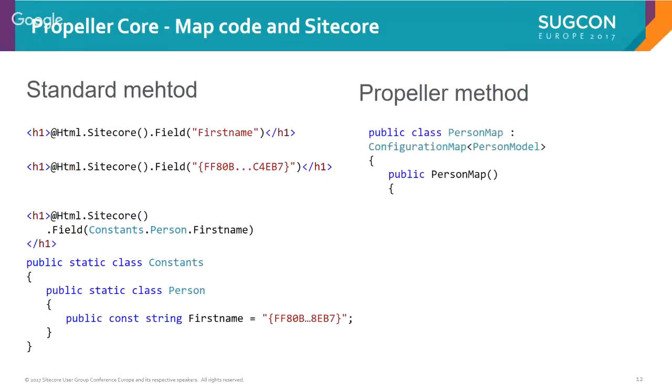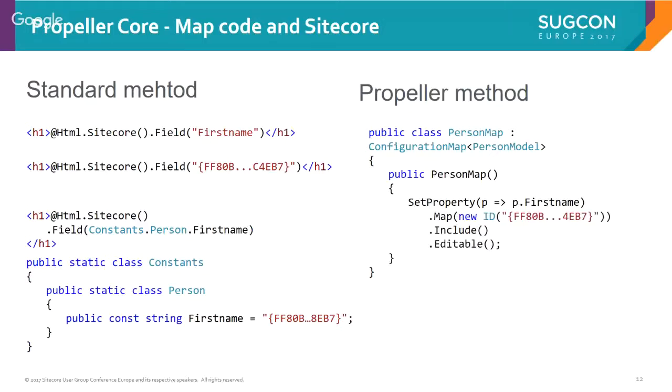Well, with inspiration from Entity Framework, if any of you have worked with that before, we can create this configuration map, and via generics put in the type that we want to configure. And in the constructor, we can define what property it is that we want to bind, and we can map it to an ID, and we can chain other configurations on top of that.